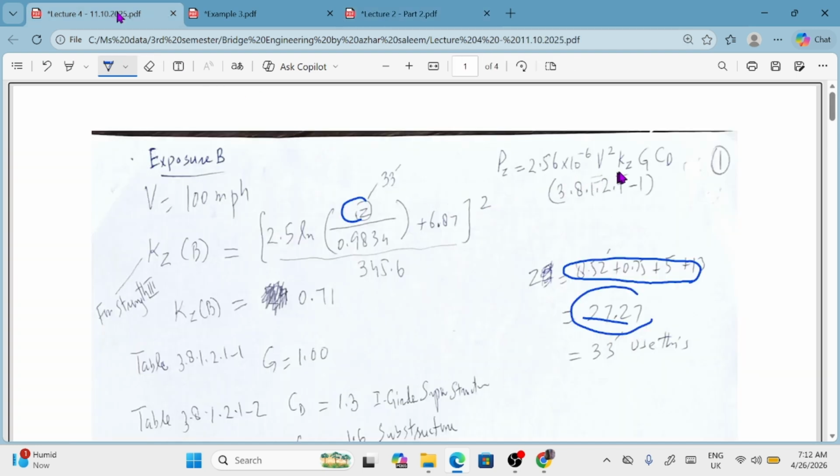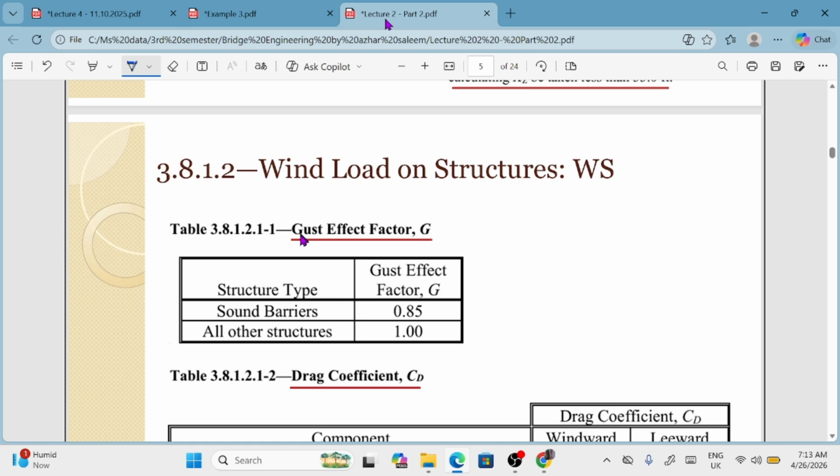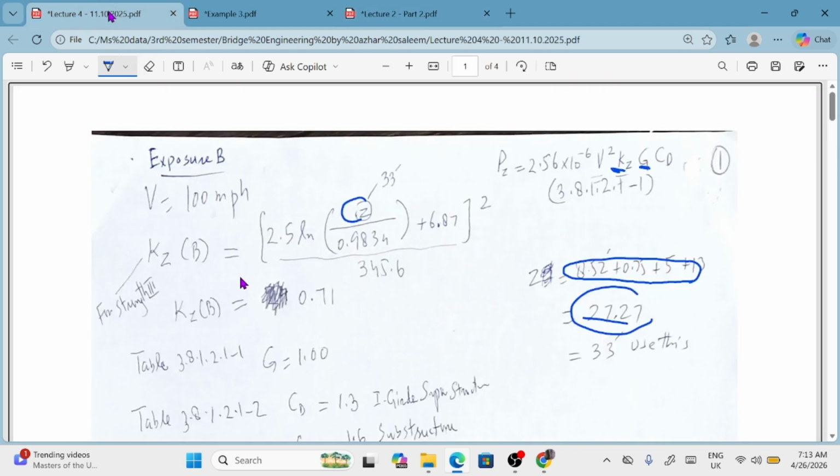After we calculate Kz, we calculate G, which is the gust effect factor. For structure type, G varies. For sound barrier, G is 0.85, and for all other structures, G is 1. In some bridges, there is a sound barrier.